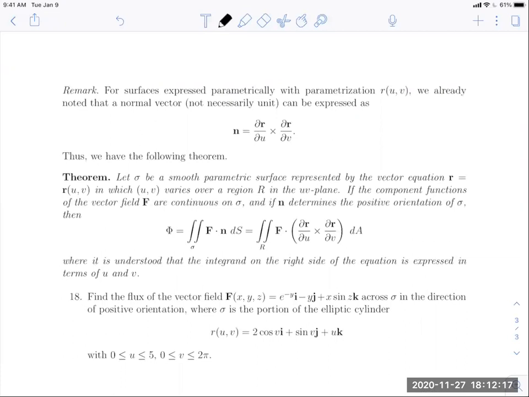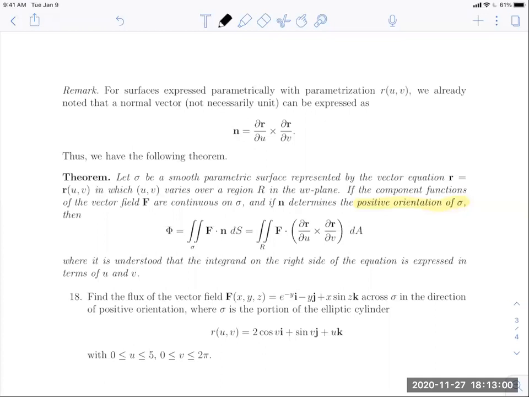And so our final theorem here for this section says if sigma is a smooth parametric surface, and we have the vector equation R of u, v, then if the component functions of your vector field F are continuous on sigma, and if n determines the positive orientation, so again, we're looking for that orientation, it's just something to be aware of, then the flux over sigma, which is normally expressed as a surface integral, can now be expressed as a double integral over the region R of F dot that normal vector, which is the cross product of the partials.